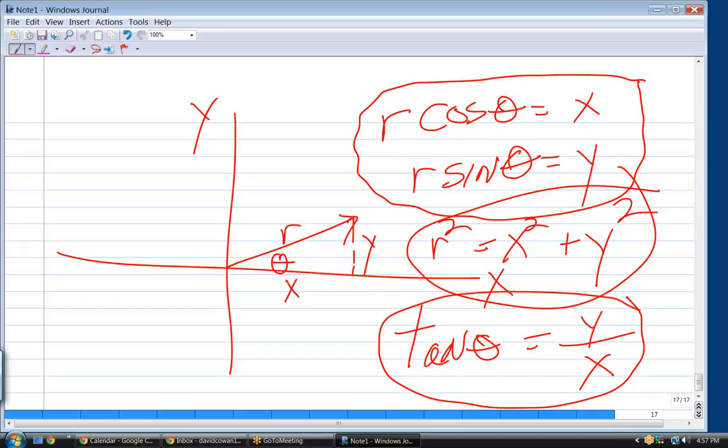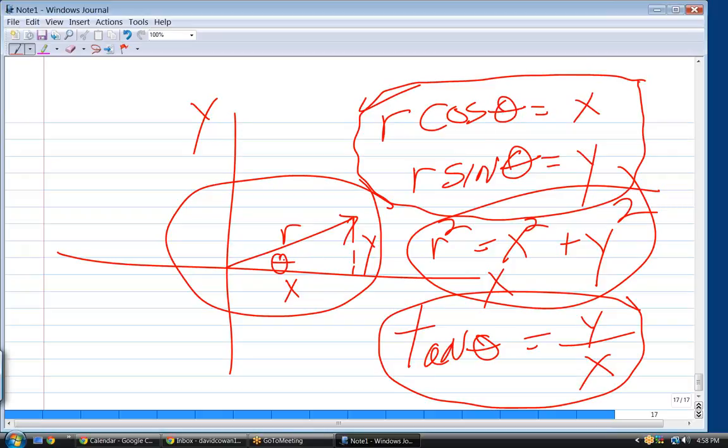Let's do an example. Well, we don't really have time. Just make sure you memorize those 3 things that I have circled. Even though you can figure them out relatively easy by being able to draw that picture. Once you can draw that picture, then you can see that the cosine of theta is x over r, which makes x equal to r cosine of theta.